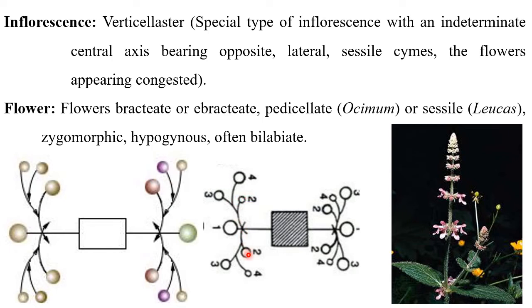Then again it has another flower, that is the third flower. Due to this further branching, there is development of the third flower. Now in between the second and third flower, again there is a branch and development of the fourth flower.